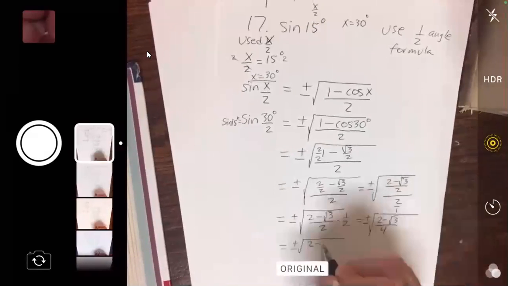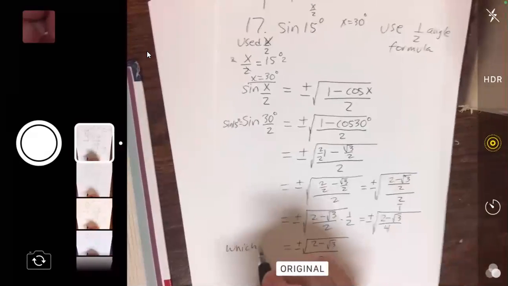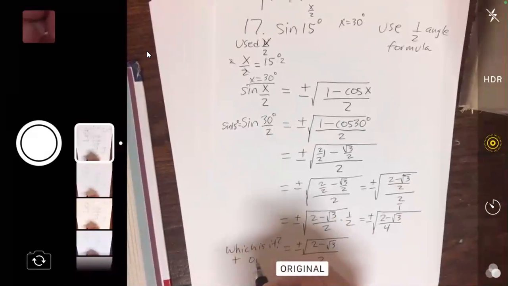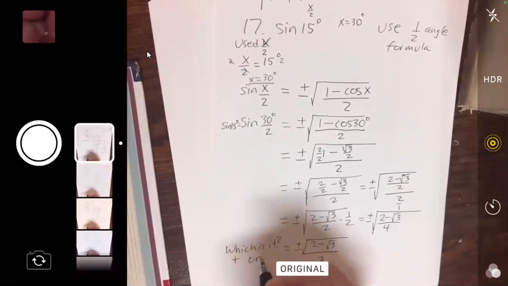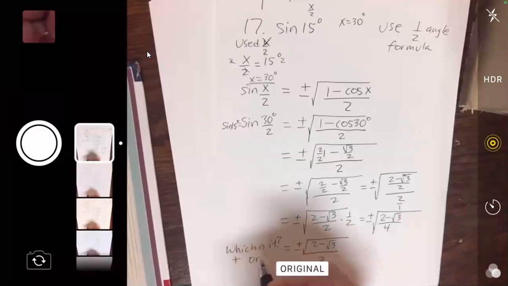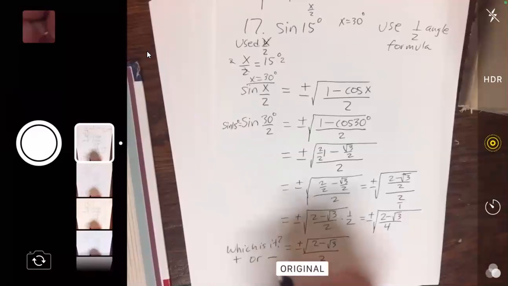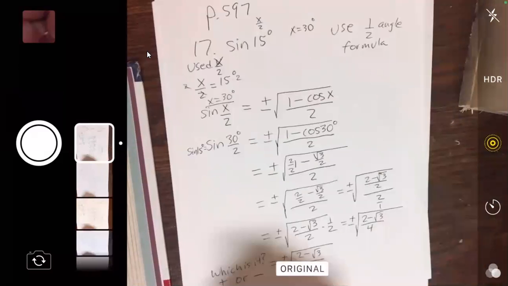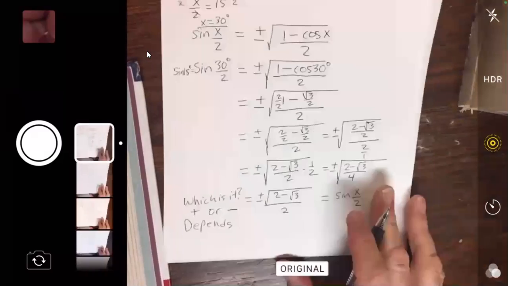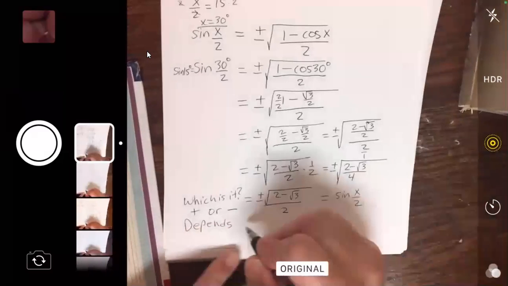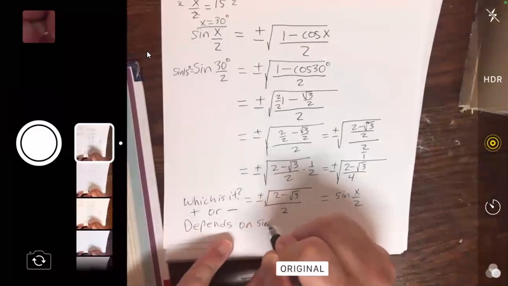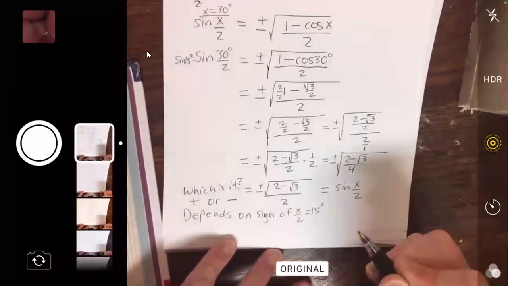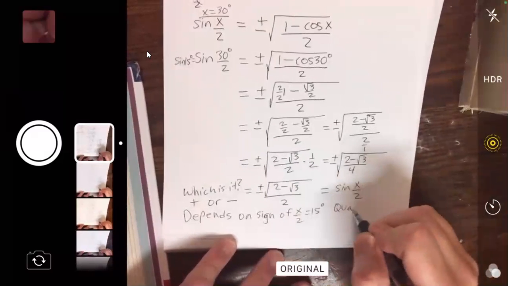But the trick is, which is it, plus or minus? Well, remember, it depends on the quadrant. By the way, this was equal to sine of the x over 2. Remember, this was sine of 15 degrees, and 15 degrees is quadrant 1.